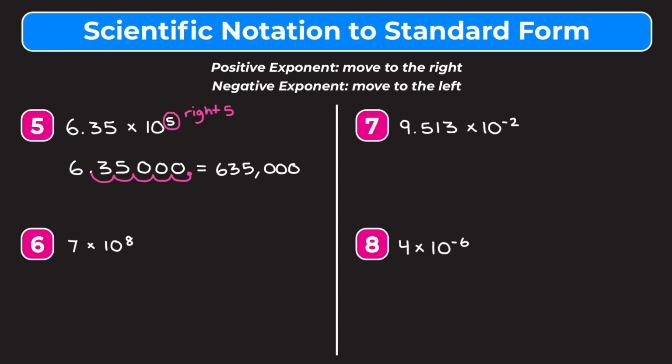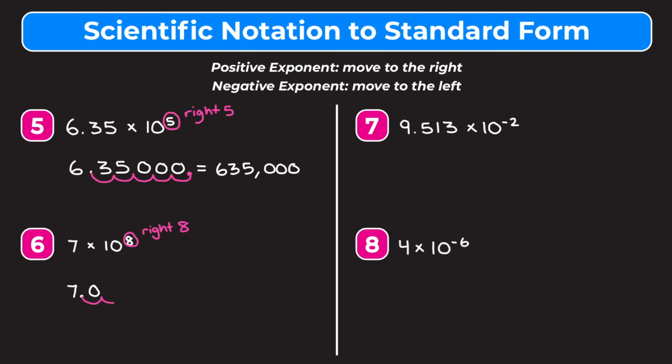Taking a look at example 6, I have 7 times 10 to the 8th. Again, I have a positive exponent, so I'm going to the right, and this time I'm moving my decimal point 8 places to the right. Because 7 doesn't have a decimal point, I'm going to rewrite it as 7.0. And now I'm going to move the decimal point 8 places to the right.